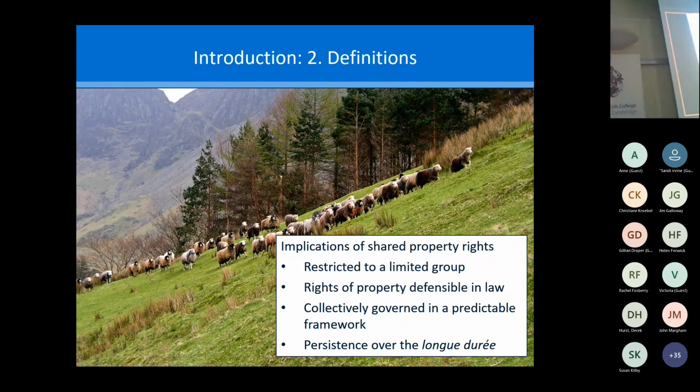So all kinds of other rights and aspects of status are associated with these forms of shared rights, and perfectly described by Ros Book in her terrific book on lordship and the Anglo-Saxon peasantry.